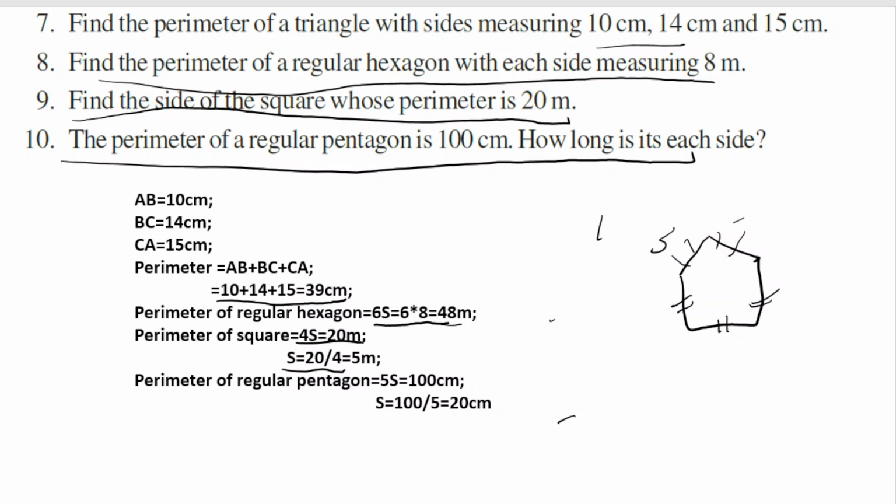Since all the sides are equal, the perimeter is 5s, s plus s plus s plus s plus s is nothing but 5s. They have given 100 centimeters. So 5s is equal to 100 centimeters. We need to find out each side. So s is equal to 100 by 5. That is nothing but 20 centimeters. So each side is 20 centimeters.